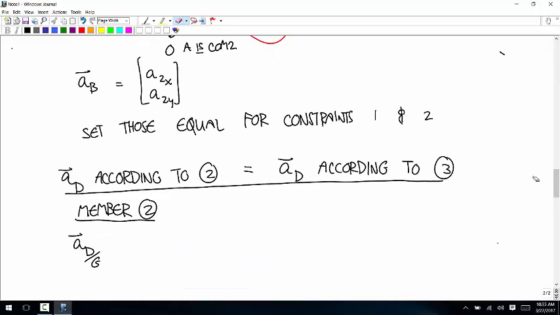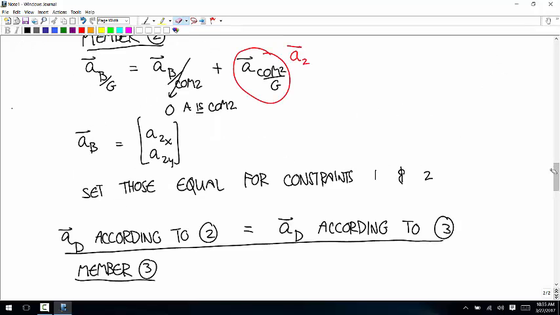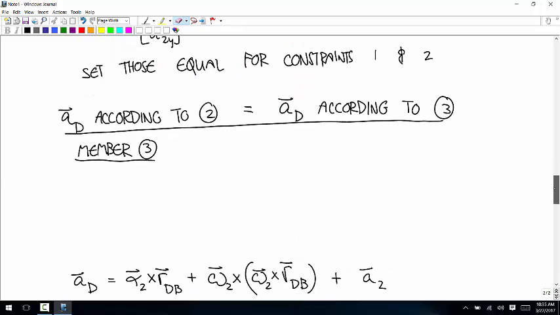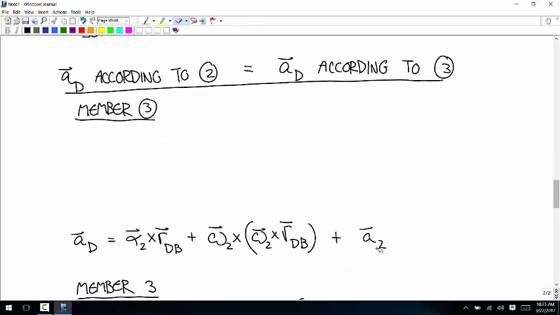Oh, we did number 2. I just got my numbers all messed up, sorry. So this is now member 3. And according to member 3, we don't need any relative motion because it has a fixed point. So according to member 3, the acceleration of D is just circular motion around the center of the circle.